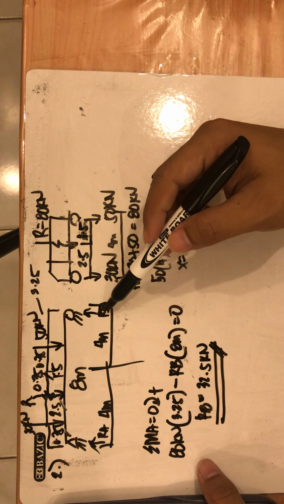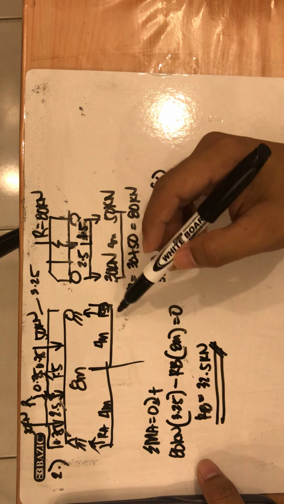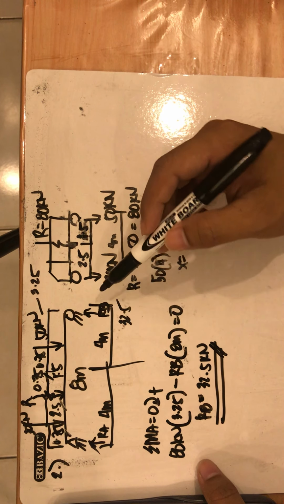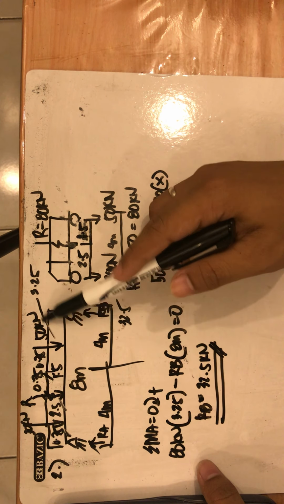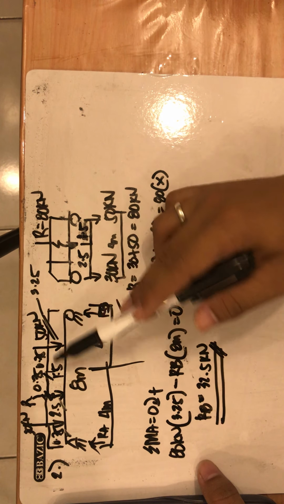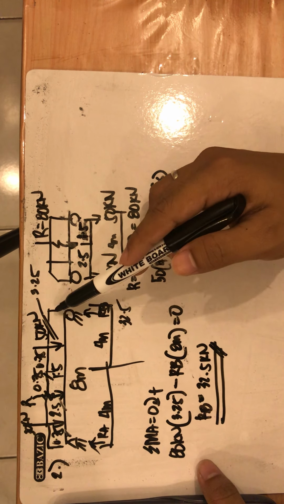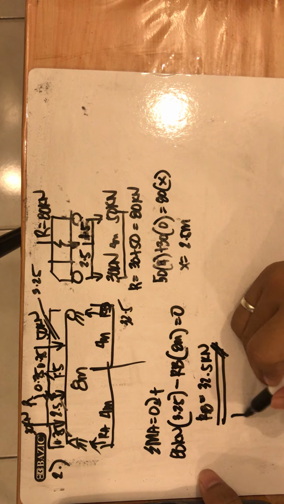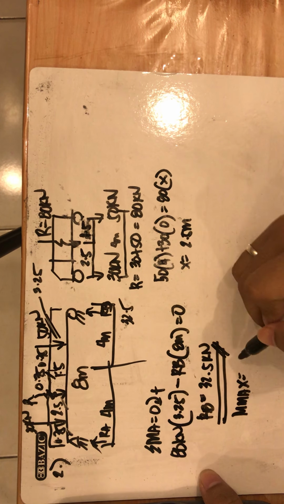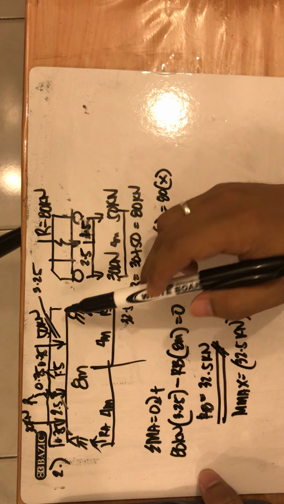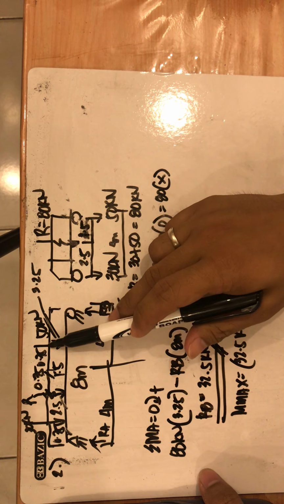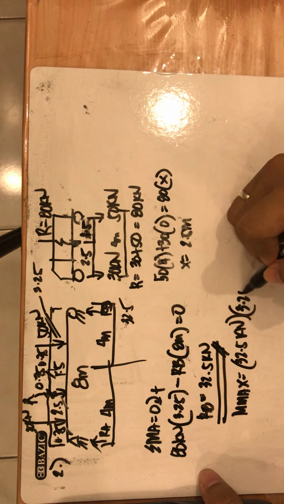To determine the moment, since we already have 32.5, we just bring it to the 50, because the 50 is the biggest load, compared to the 30. So, what is the distance? Moment max equals 32.5 kilonewtons times the distance from support up to 50, which is 3.25.